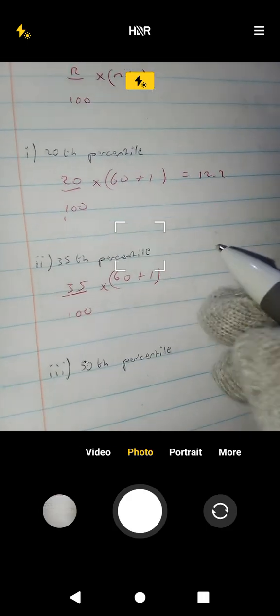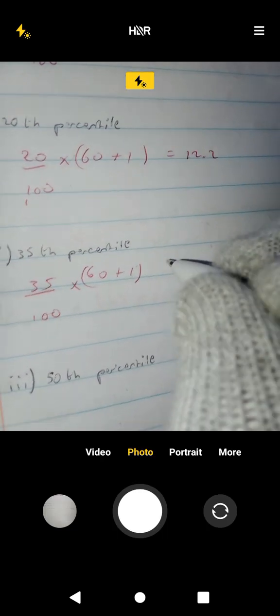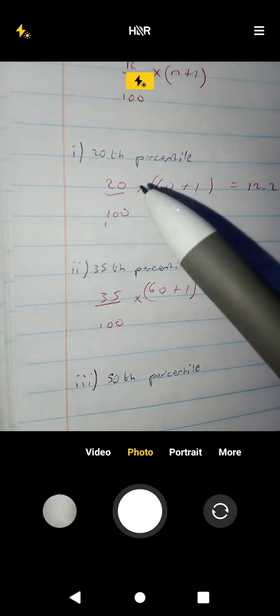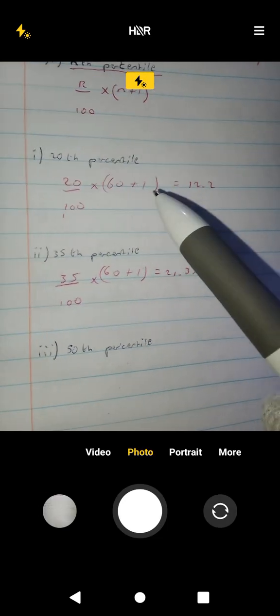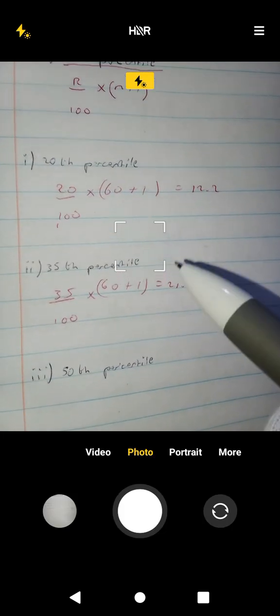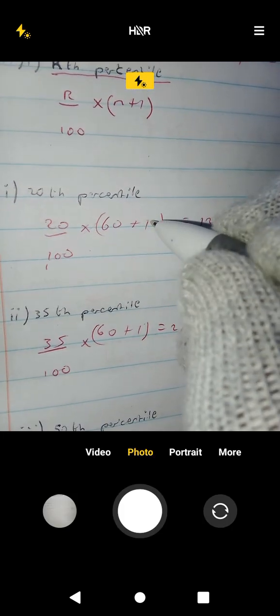That should be 21.35. Okay, so it's 21.35.